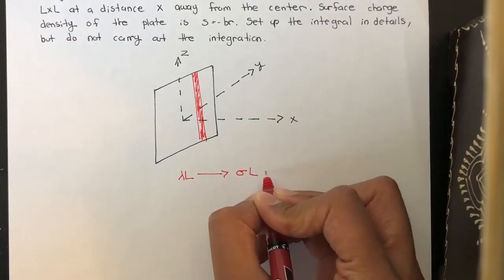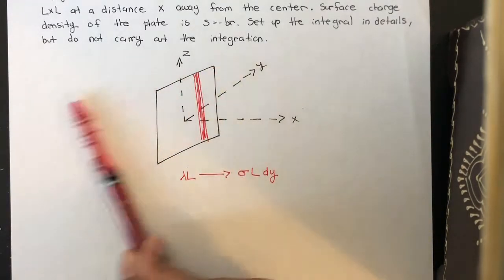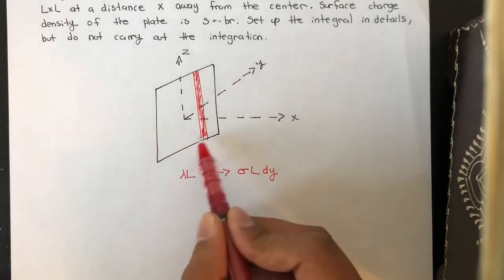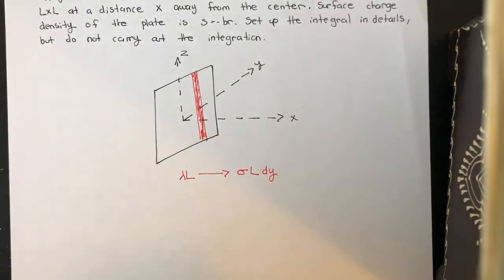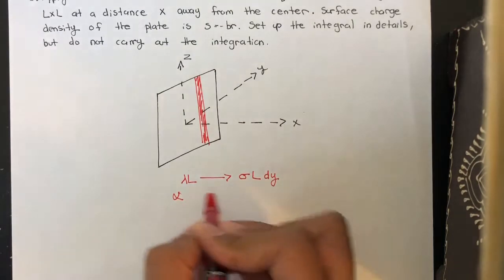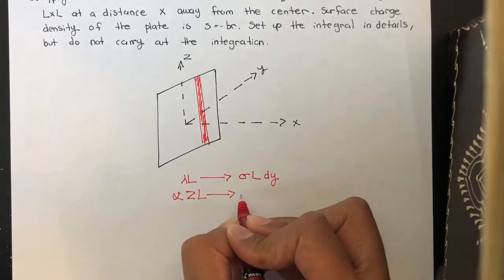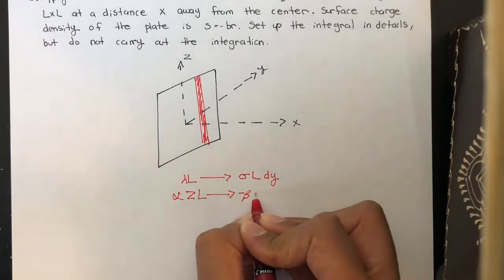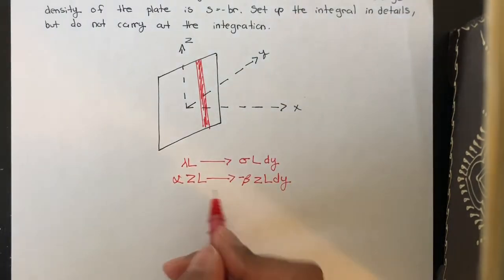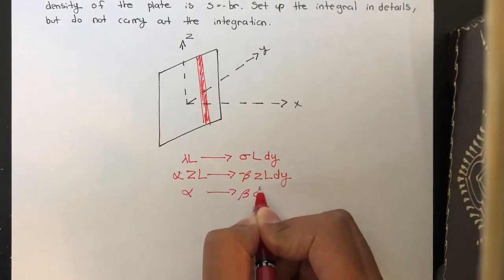L dy, because the length of the line is a constant, and then dy because it's varying. So that's how we're going to integrate to get the electric field. And then we know lambda is equal to alpha z, and sigma is given as negative beta z, and then L dy. Doing some cancellation, we're just going to get alpha beta dy.